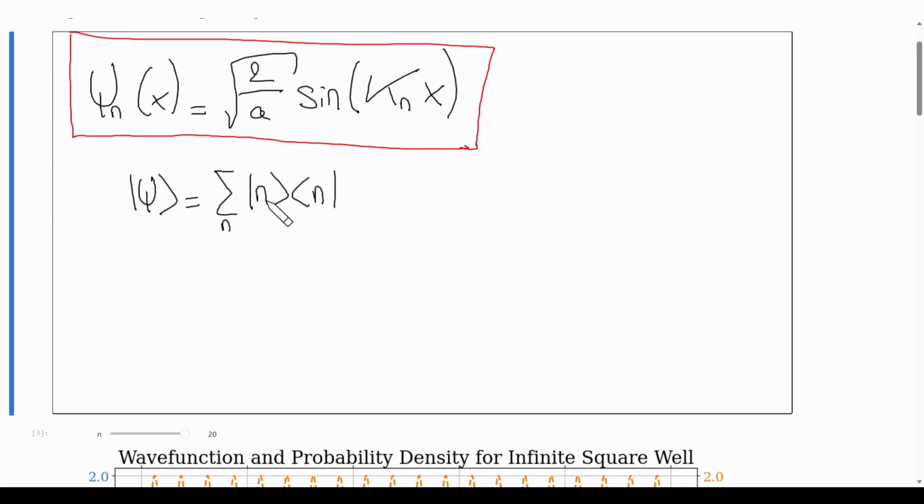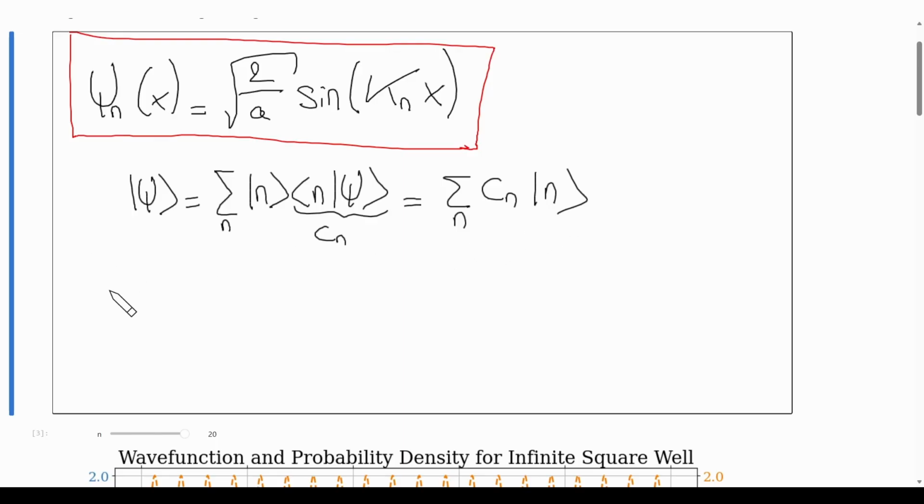So these psi n that I call ket n and bra n here, such that we have any state psi written as a sum over n of some coefficient Cn times some eigenstates of quantum number n.